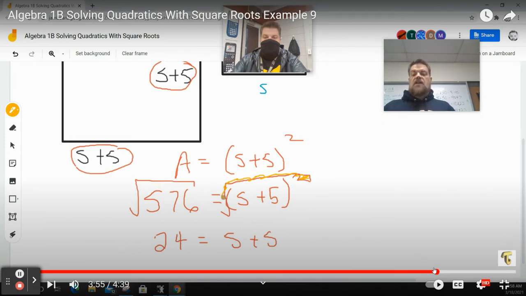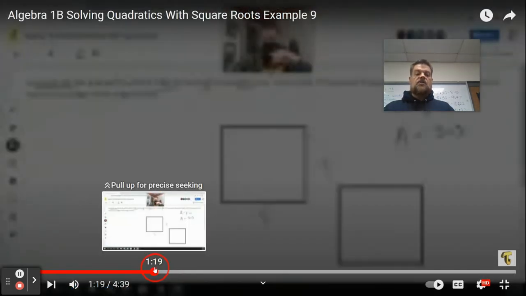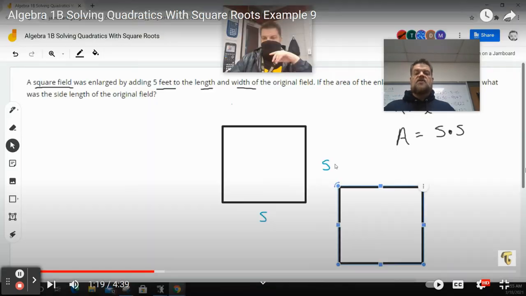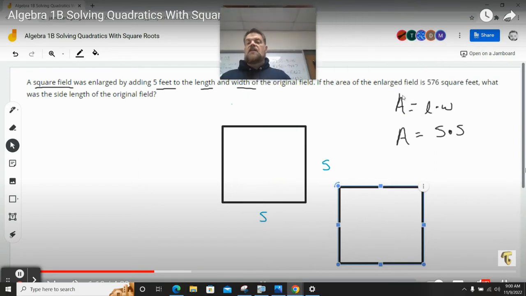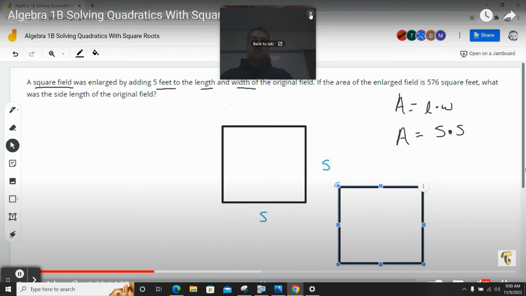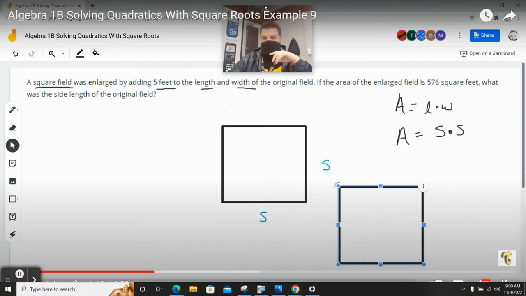I'm not going to show the whole video, but basically Mr. Adams sketched out a box and said that the area of a rectangular shape is L times W. Now this one is a square, so because they're the same length, you would say S times S. But this is a length and a width, so it's rectangular, except this is actually a square. So that example was there, okay?